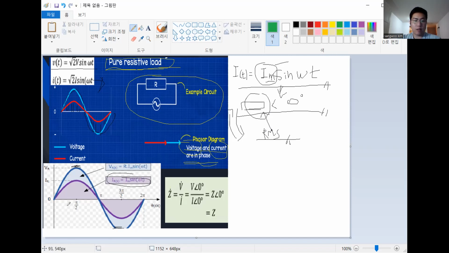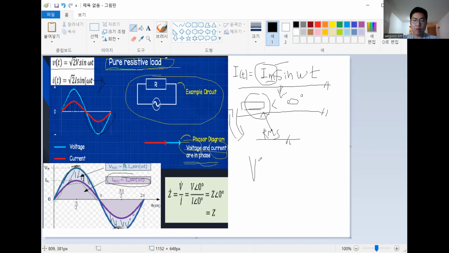Look at that. As I said, voltage and current are in phase in the pure resistor. Here is current, and voltage is here. You can see the resistor R here.